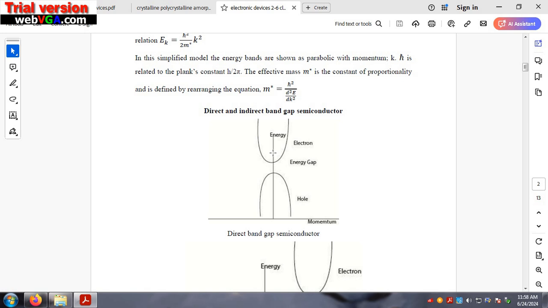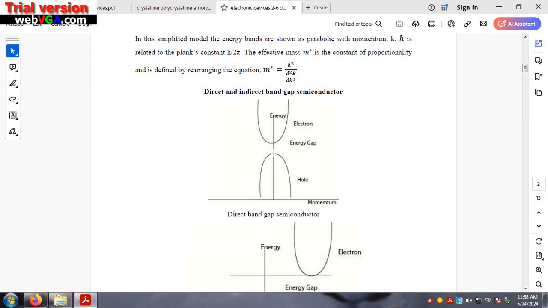So in the case of a direct band gap semiconductor, when electrons transit from the valence band to the conduction band, the momentum value does not change, only the energy changes.